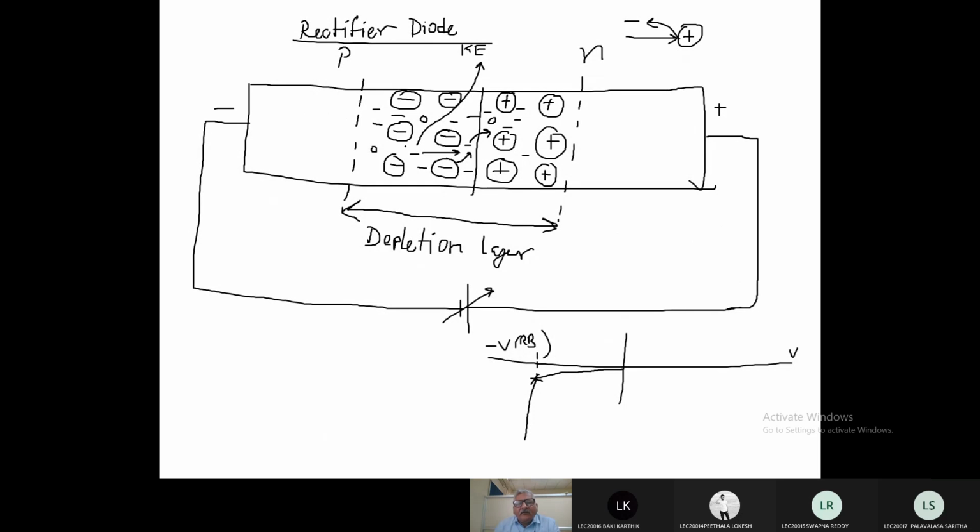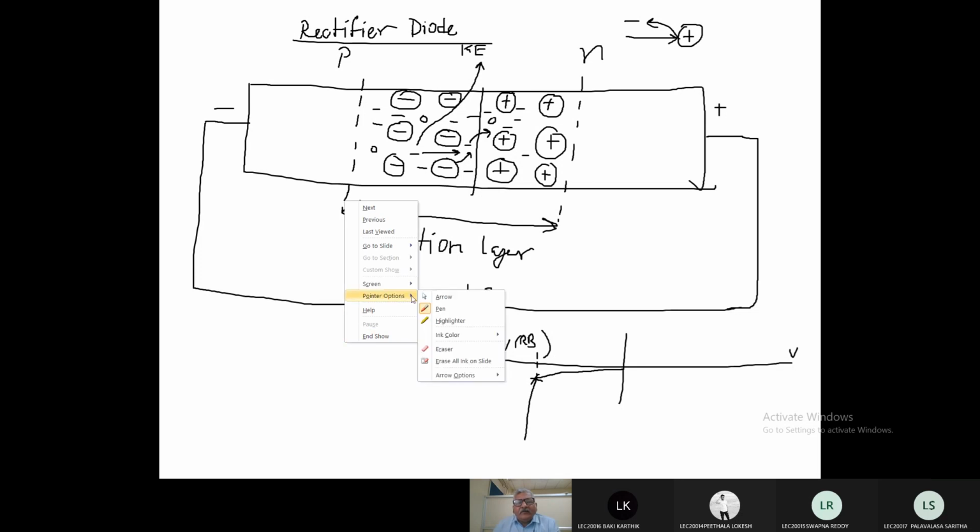With the high velocity, when they strike the atoms, then the electrons of the impurity atoms will come out, right? And suddenly the current will increase and it will destroy the diode permanently. This is avalanche breakdown.